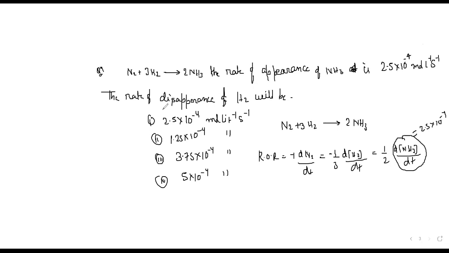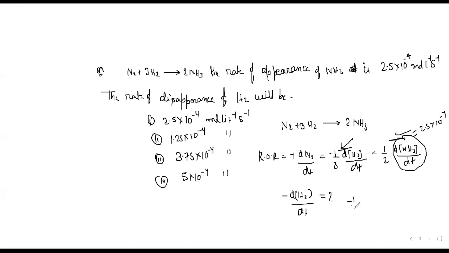They are asking for the rate of disappearance of this value. It means you have to find the value of dH2 by dt. So only this one and this one will be required for solving this question.